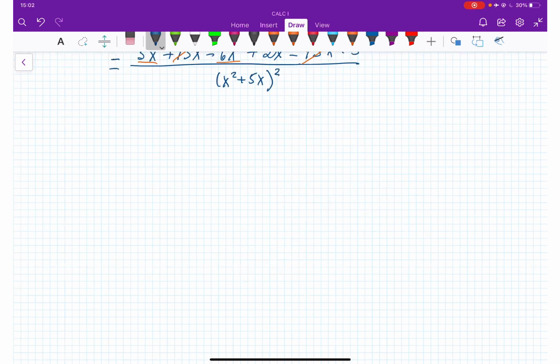squared. Okay, now I would like to show you how sometimes we can avoid using a quotient rule and turn it into the multiplication rule. So I'm going to show you not tricks but an effective way of writing the function.